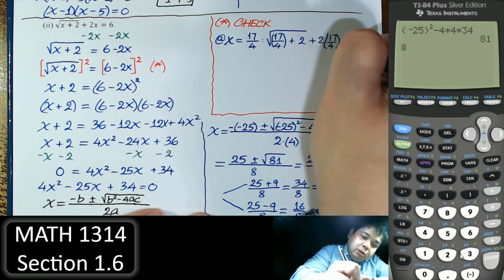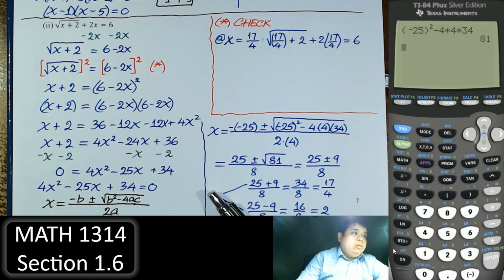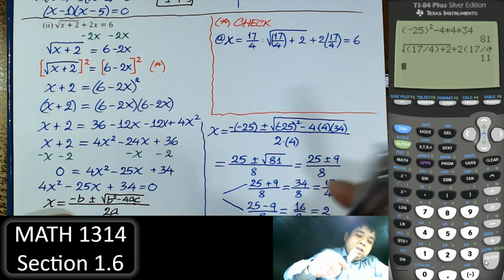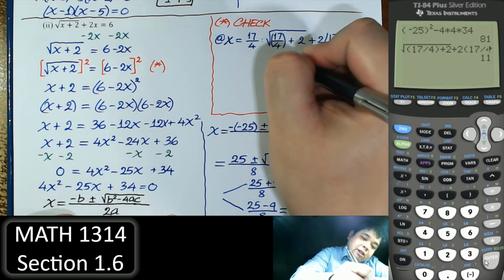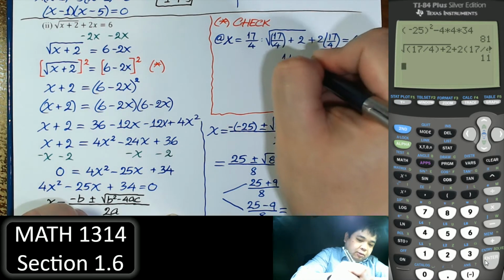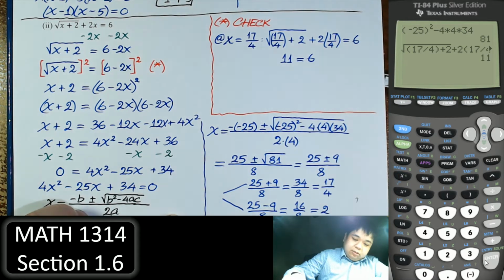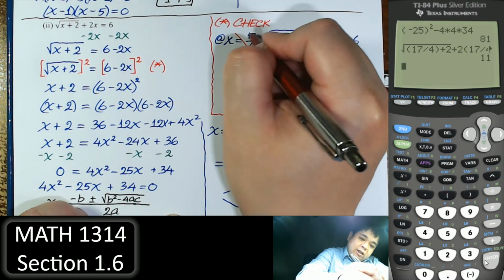So we say 17 over 4 plus 2, and then plus 2 times 17 over 4. So on the right hand side, that gives us 11. That doesn't work.